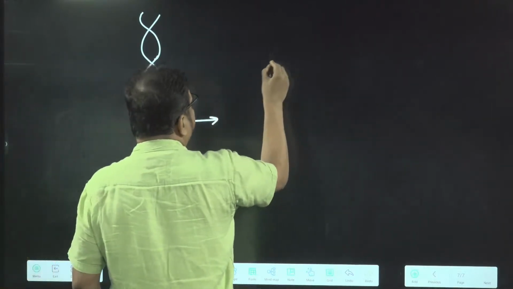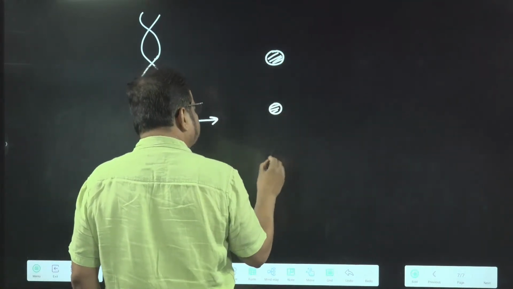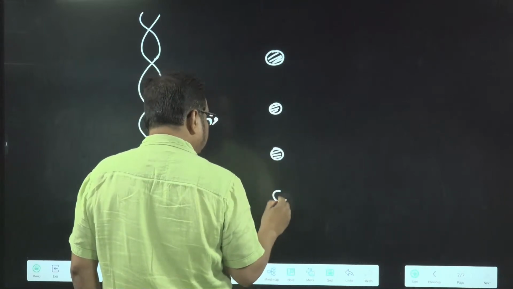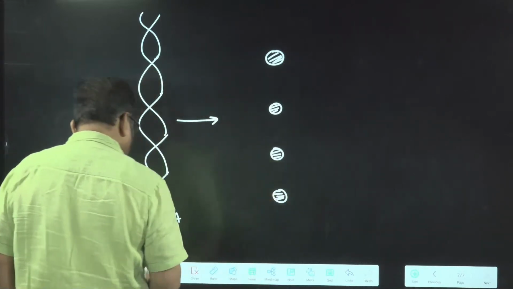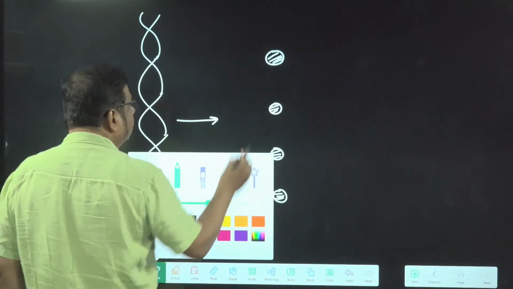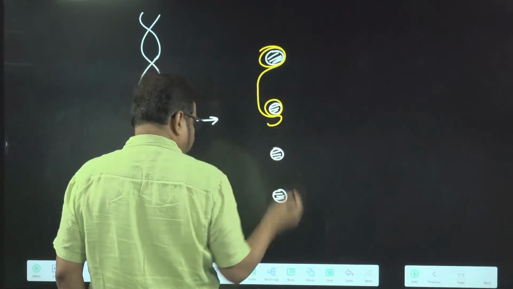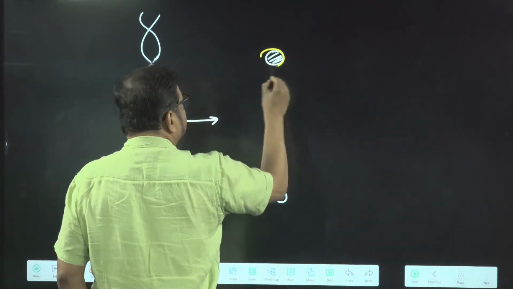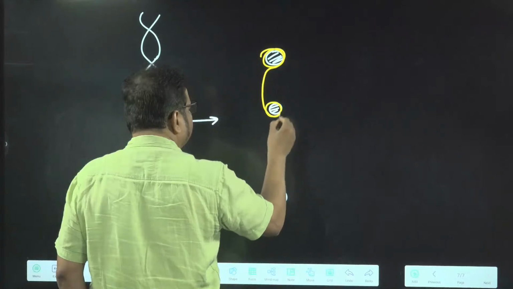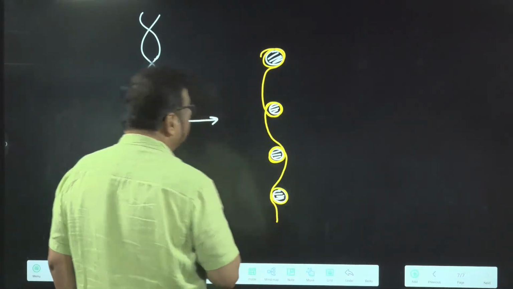So this DNA, just have a look here, is wrapped around. I'm just giving a basic idea. Much detail we will deal with during the nucleosome model. This DNA is wrapped around histone protein structure.